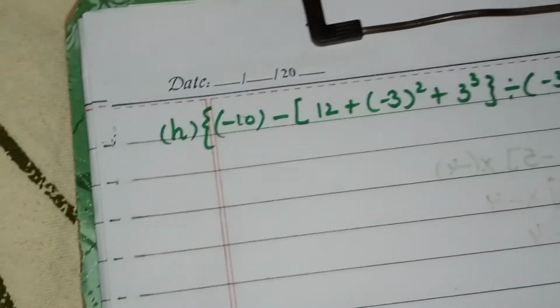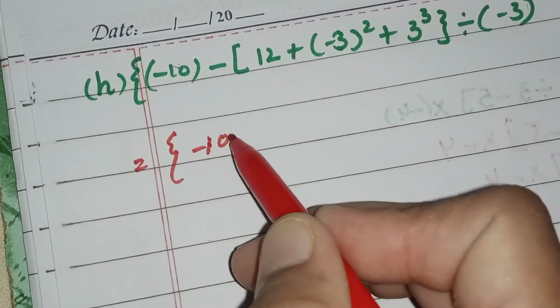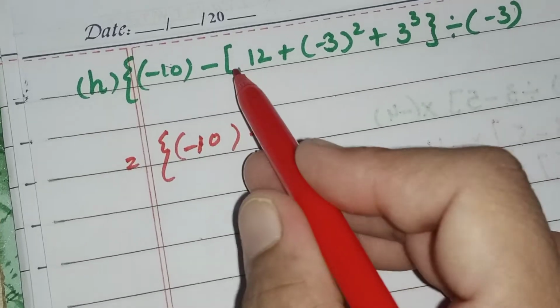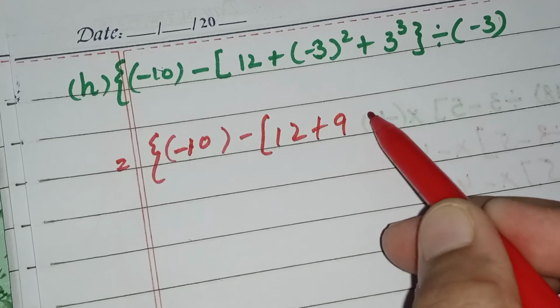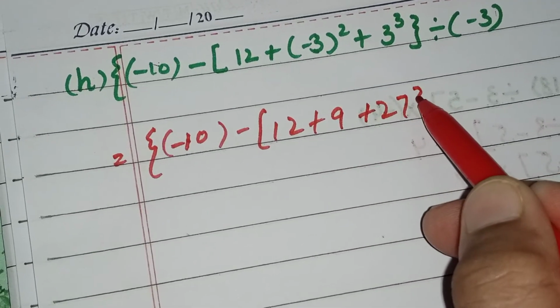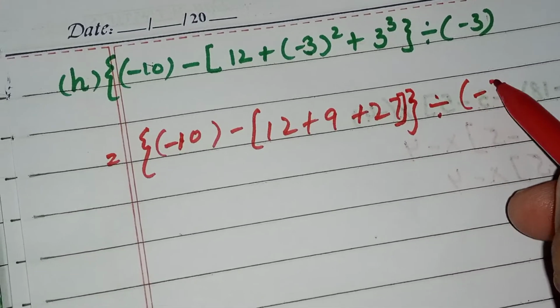Now part H. Minus 10 minus, I solve this bracket first, 12 plus 9 plus 27 divided by minus 3.